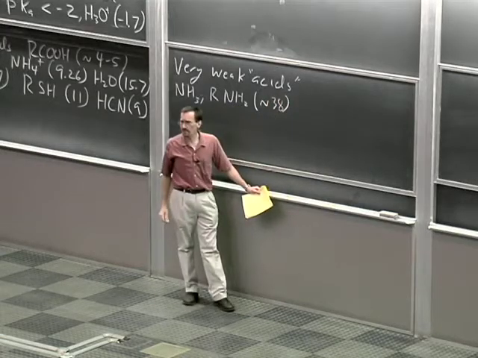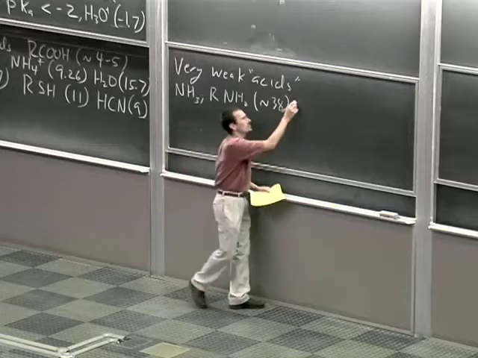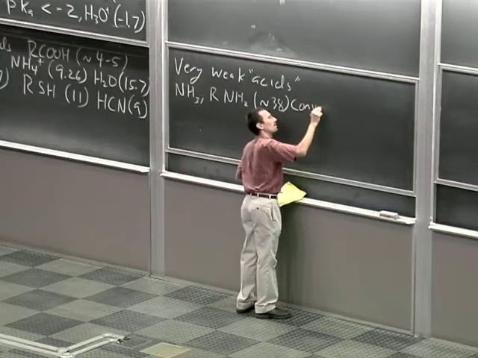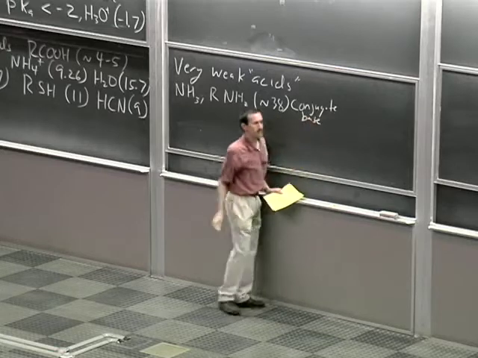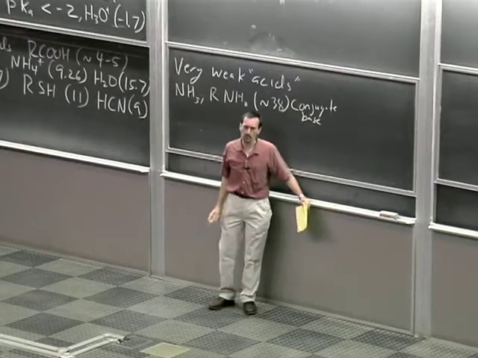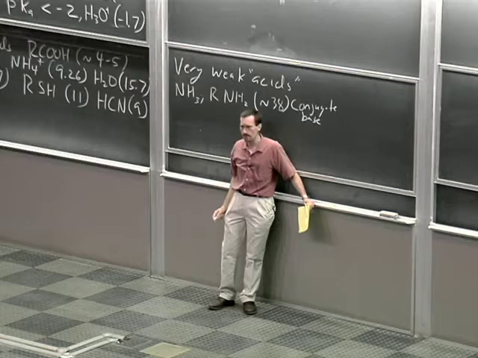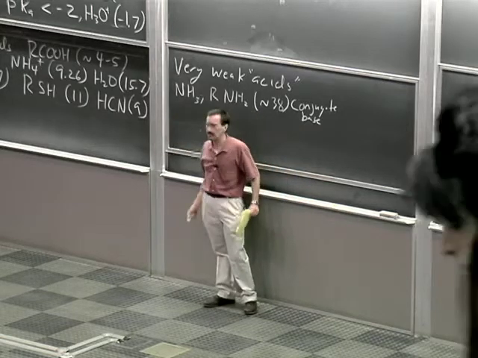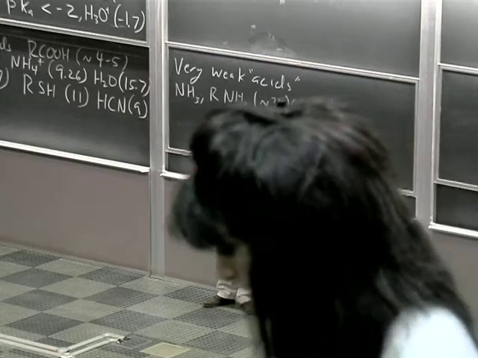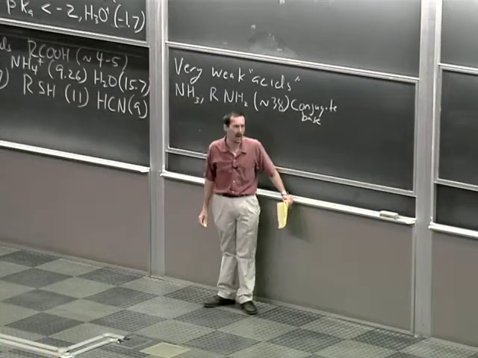And I want to write very explicitly the conjugate base, just so we don't get confused. Just like with water, I said the conjugate base is hydroxide anion. With an alcohol, the conjugate base is an alkoxide anion, RO minus.